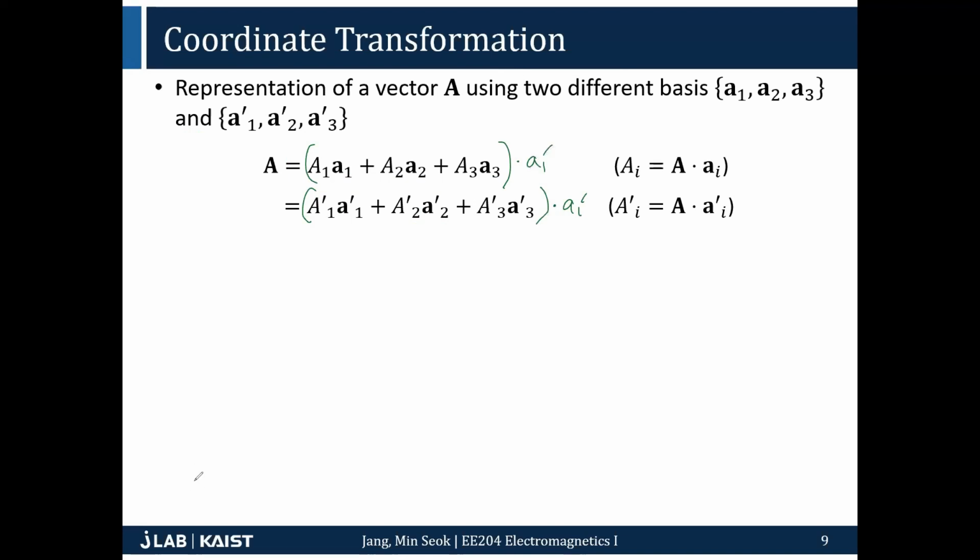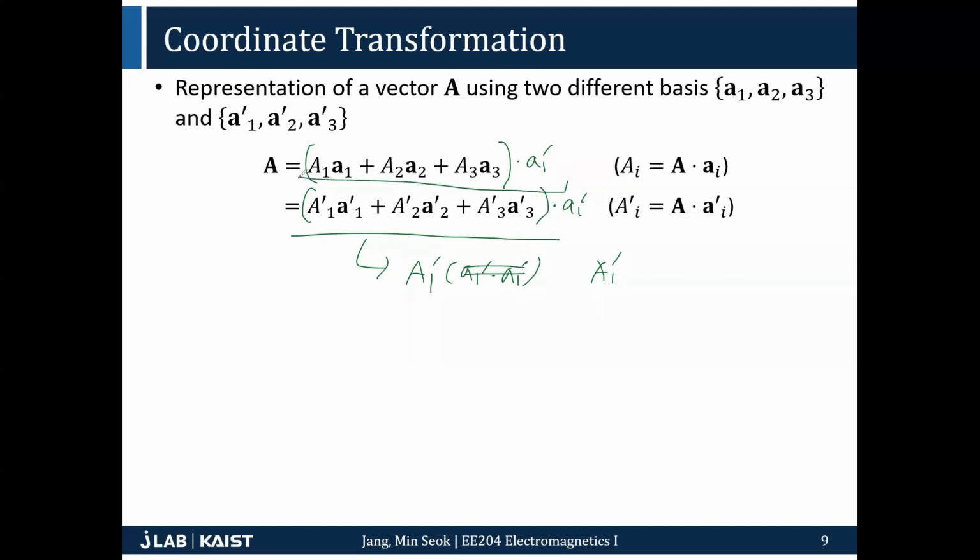Okay? If you do that, then due to the orthogonality, A1 dot A1 prime dot A2 prime is 0, A3 prime dot A1 prime is 0. So automatically this term is reduced to A1 prime dot A1 prime, which is 1. So it's just A1 prime, right?